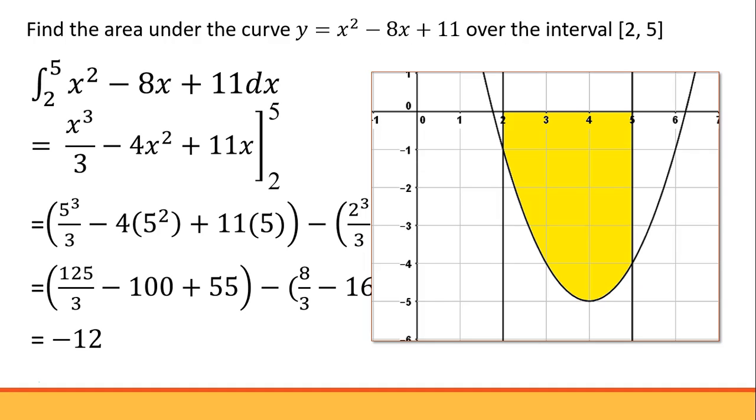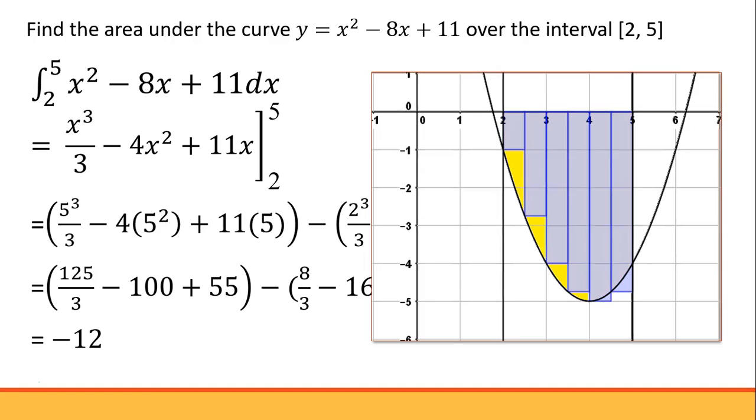x equals 5. Now, if you think about what we did when we were approximating area with rectangles, we found that the height of the rectangle was determined by the y-coordinate of the point where that rectangle intersected the curve. And in this case, all of those y-coordinates would be negative.